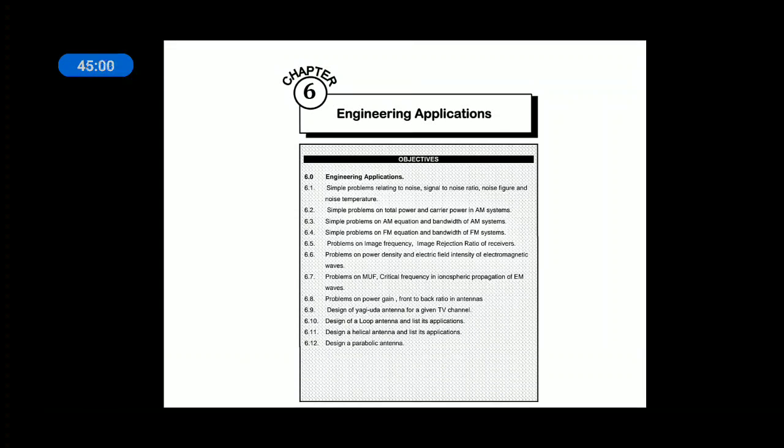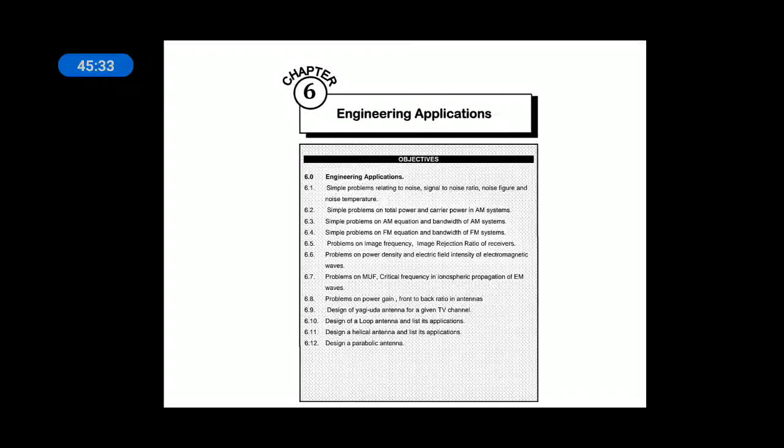Let us see the objectives in engineering applications: simple problems related to noise, signal to noise ratio, noise figure; simple problems on total power and carrier power; simple problems on AM equation and bandwidth; simple problems on FM equation and bandwidth; and problems on image frequency rejection ratio of receivers.